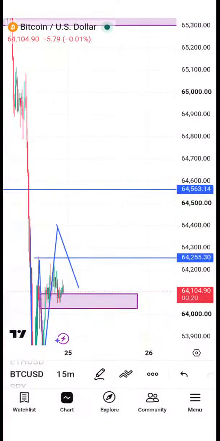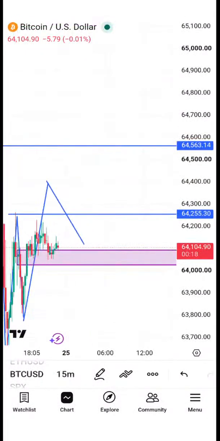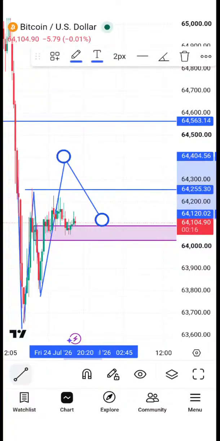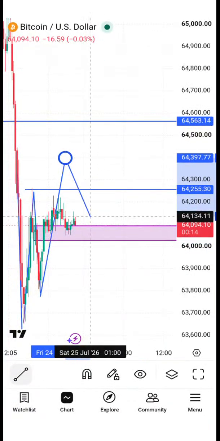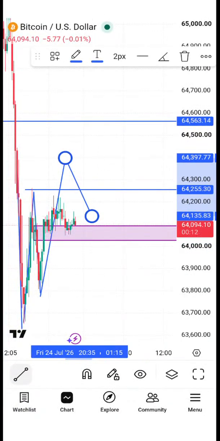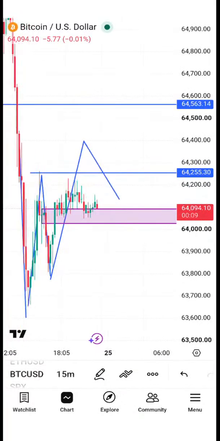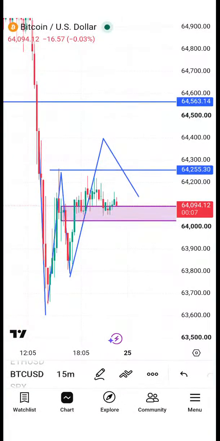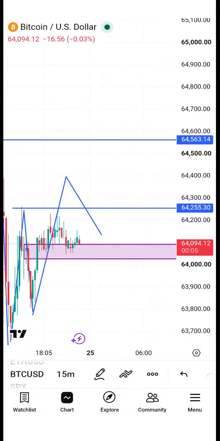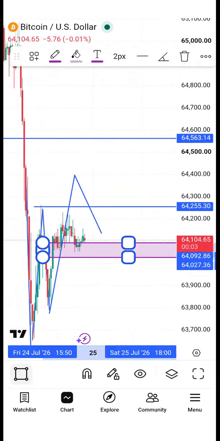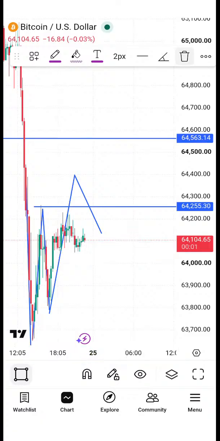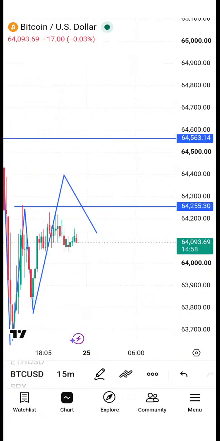Okay. This is what I'm waiting for. This is part of my confirmation patterns around here. Let me remove also this thing.